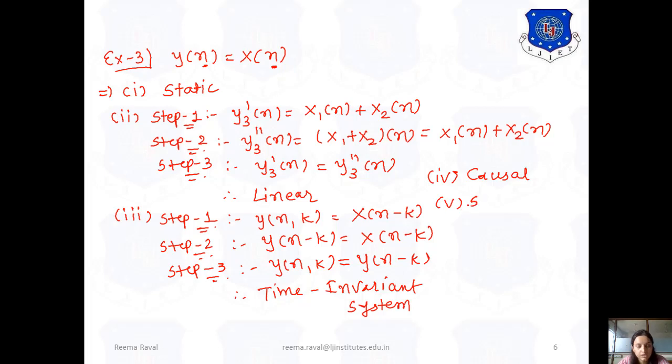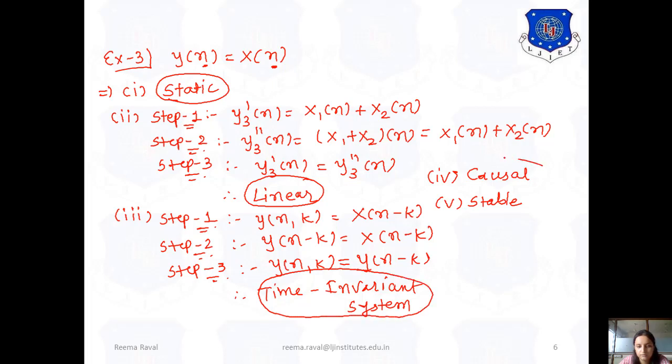So as the BIBO condition is satisfied, this system is a stable system. So the properties of this particular example are: static system, linear system, time invariant system, causal system, and stable system. I hope these examples on the properties are now clear to you.